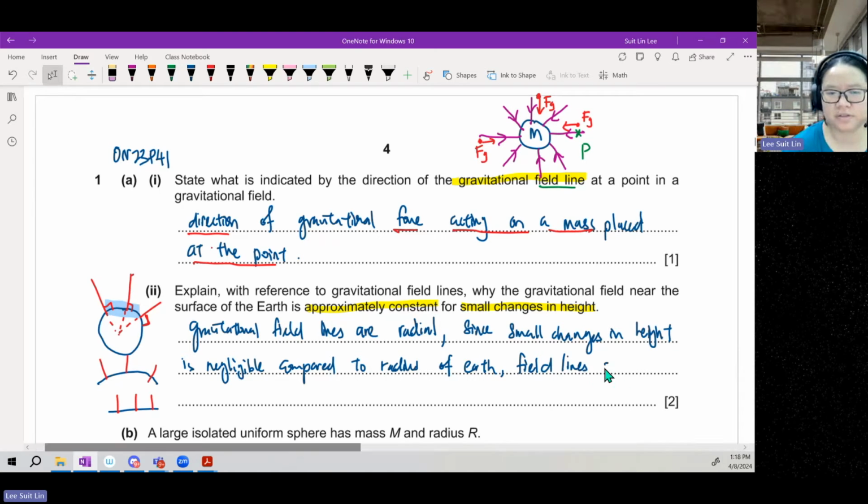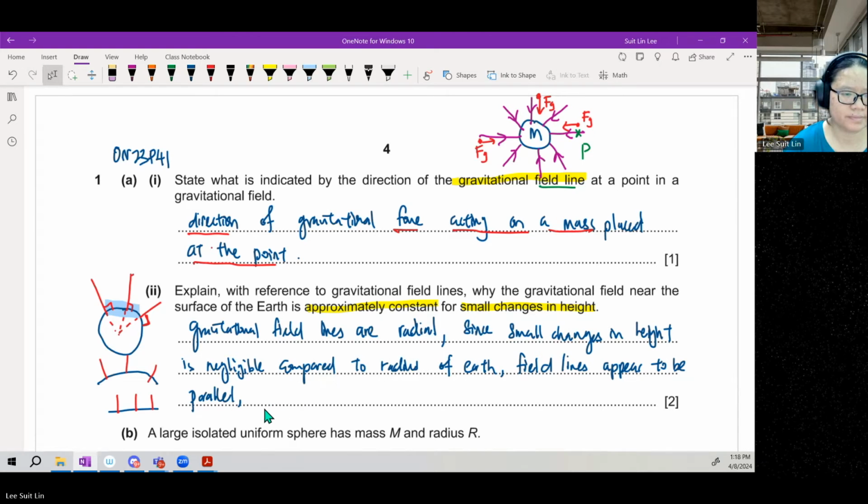Field lines will then appear to be parallel. Hence, the field strength is constant or approximately constant.